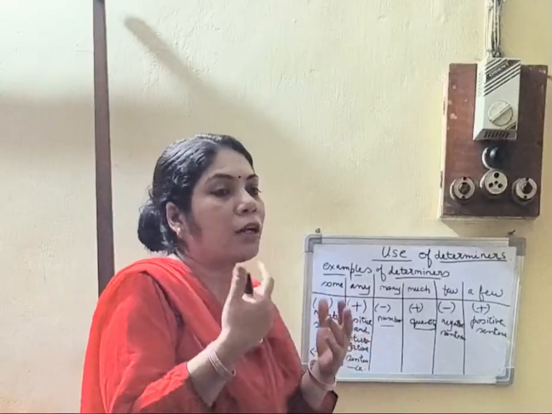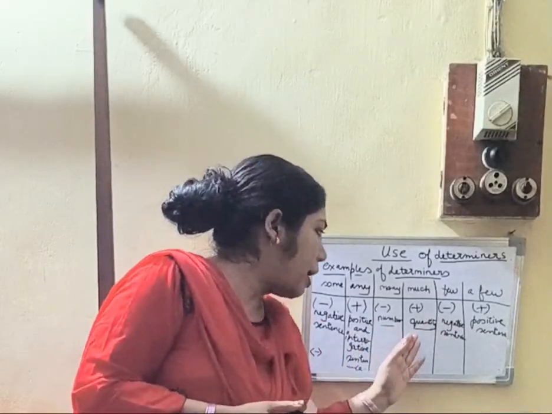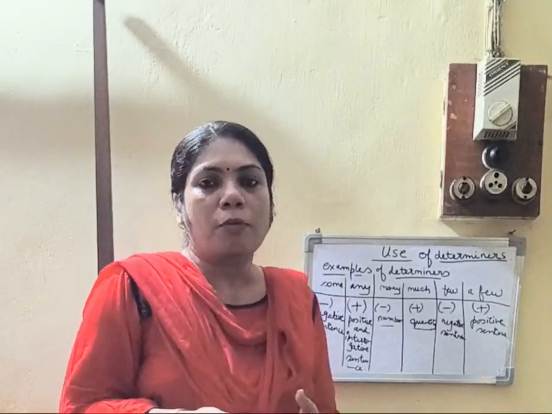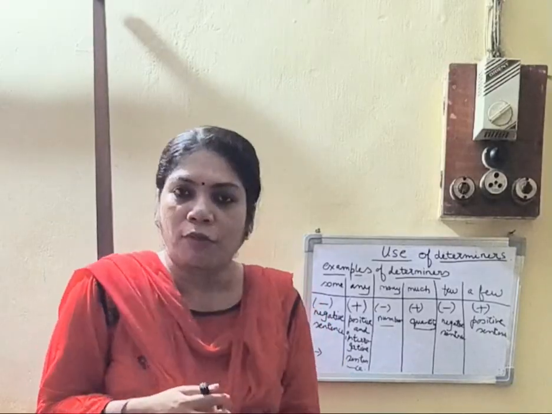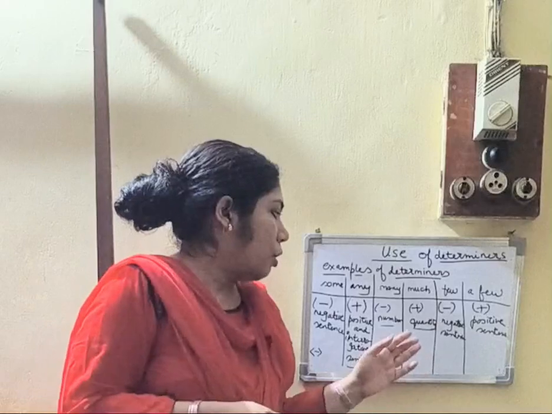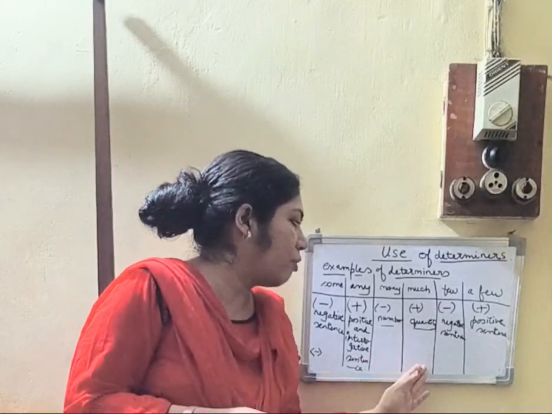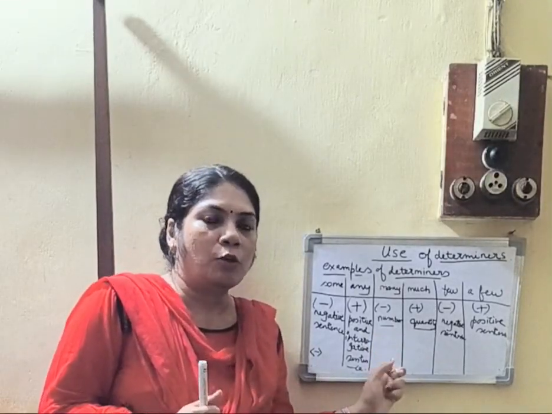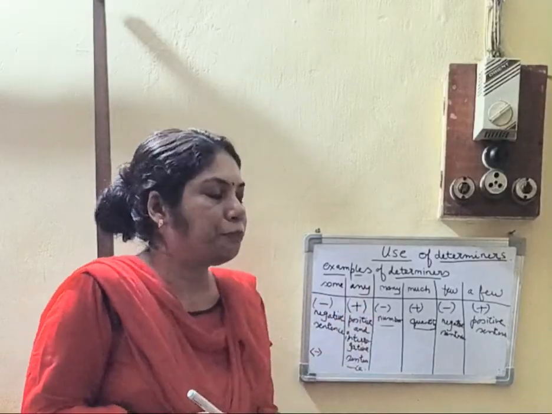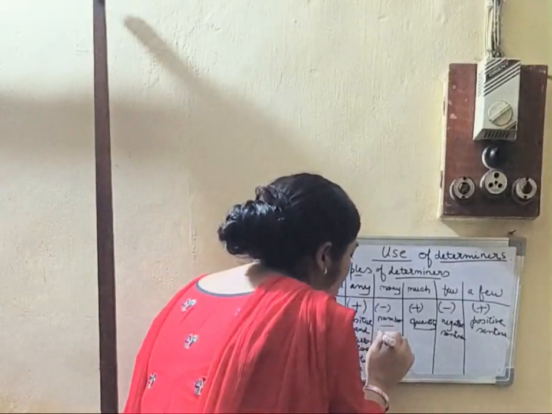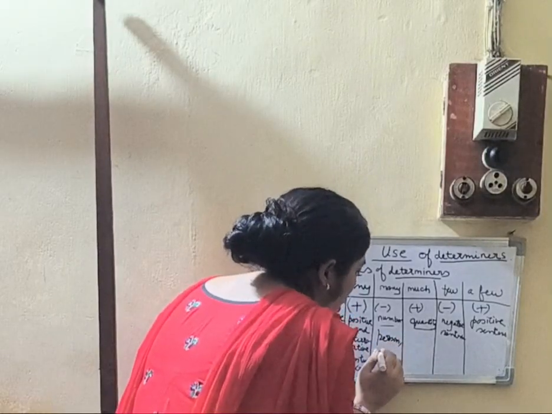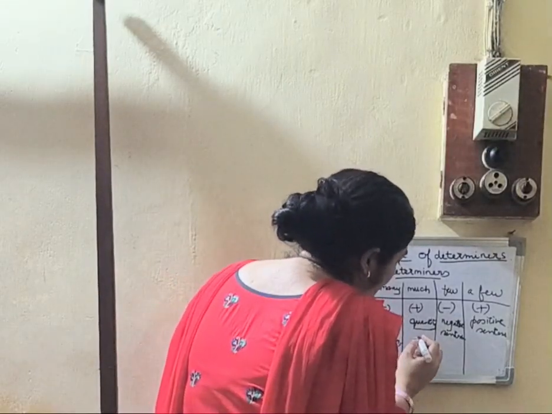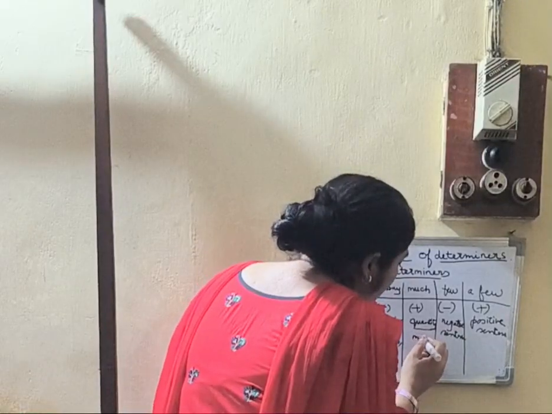Number means we can count, it's countable, and quantity is in inaccurate form, by which we mean it is uncountable, we can't count. So water, milk we will take as quantity. Number may be persons or notes or anything. Okay, so persons, notes, we will take some examples, then you will understand it more clearly. Quantity we will measure, like milk or water.